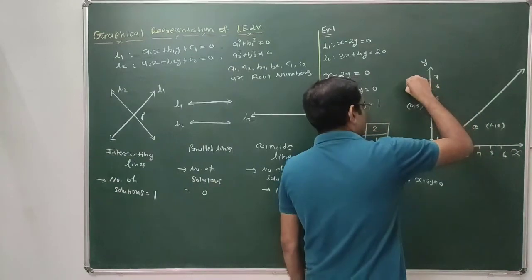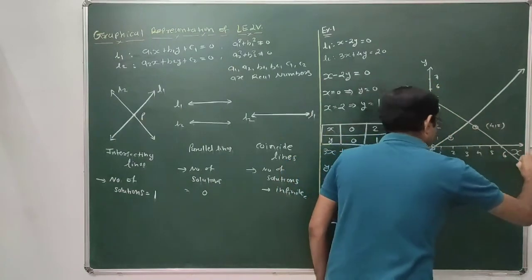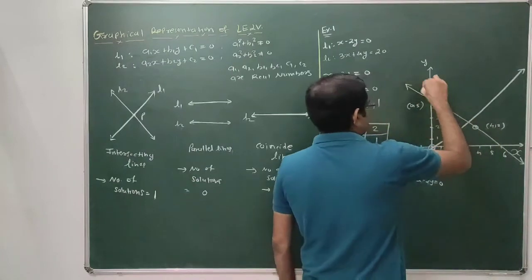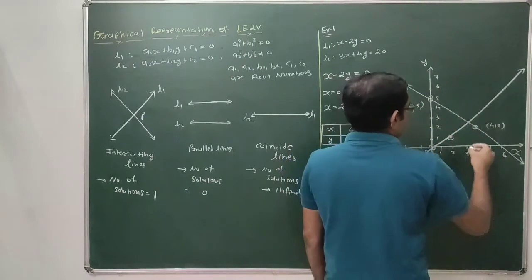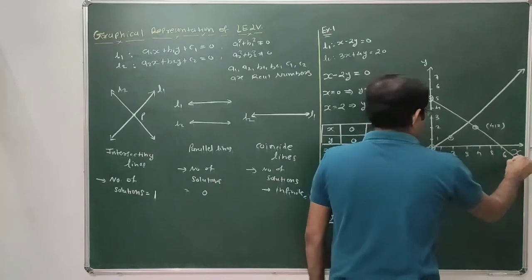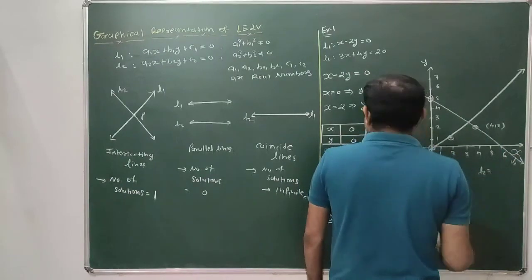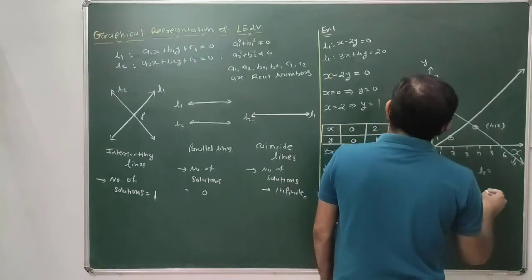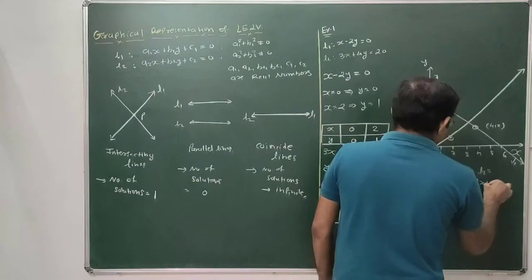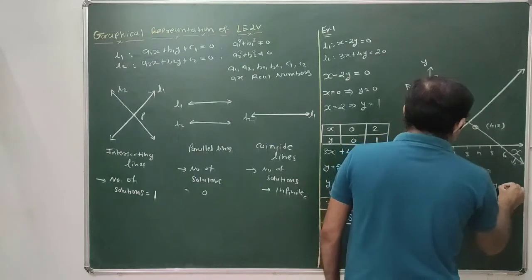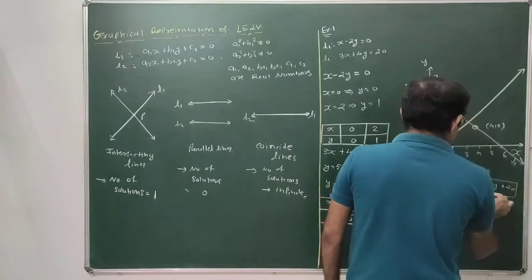Join these two points. Clear, friends? So this is the graph of line L2, whose equation is 3x plus 4y equal to 20.